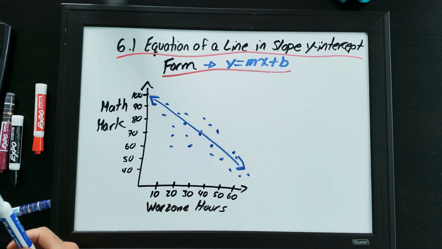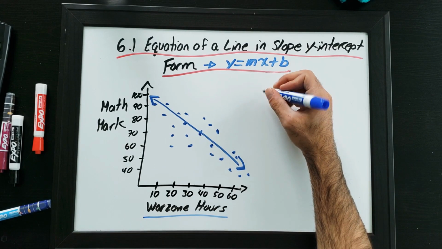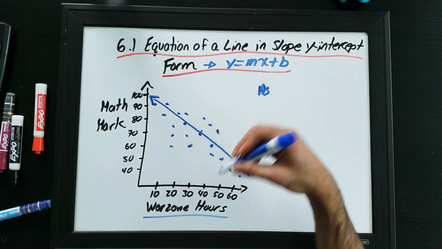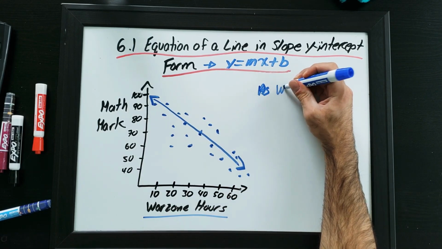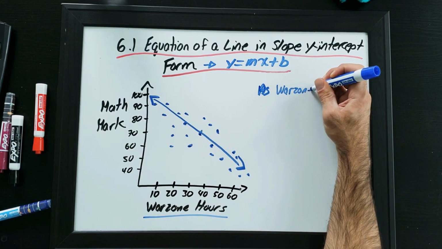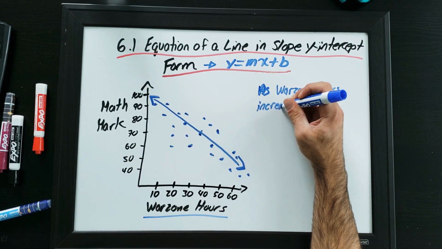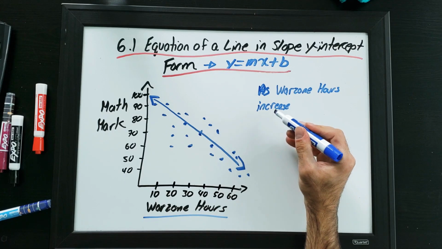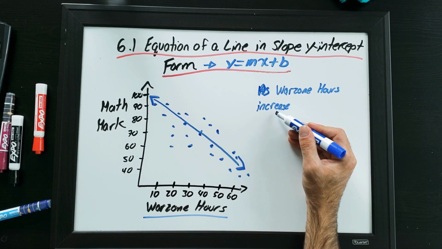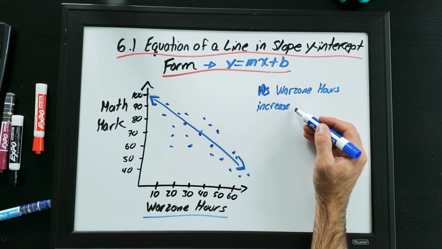So how do we come up with something to say? So I always start with the x-axis first in my sentence, and this is how I write it. I say, as the x-axis increases, so as Warzone hours increase, now I always start my sentence with the x values increasing, always. And then whatever happens to my y values, this is what tells me what kind of relationship this is.